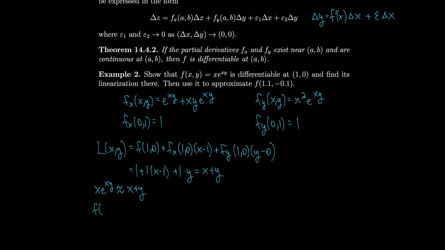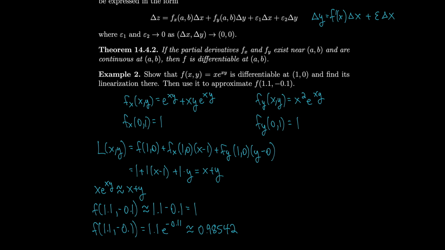So that means that f of 1.1, minus 0.1 is approximately 1.1 minus 0.1, which is 1. And this is actually kind of cool, because if we look at the actual value of f of 1.1, minus 0.1, let's say using a calculator, then that's 1.1 e to the minus 0.11, which is approximately 0.98542.